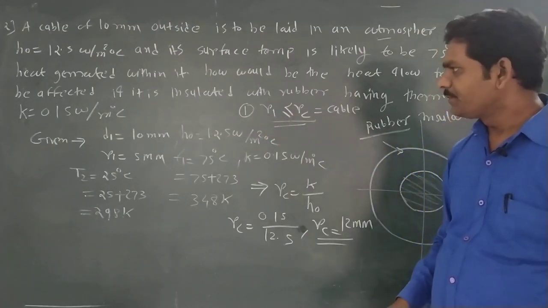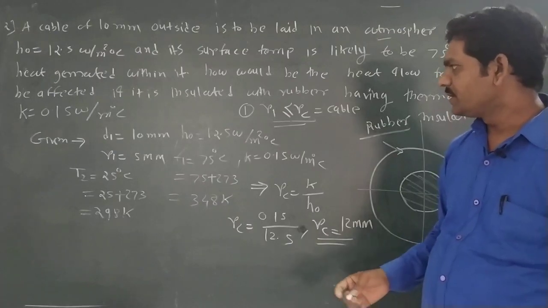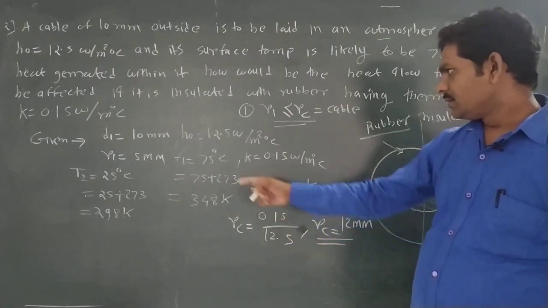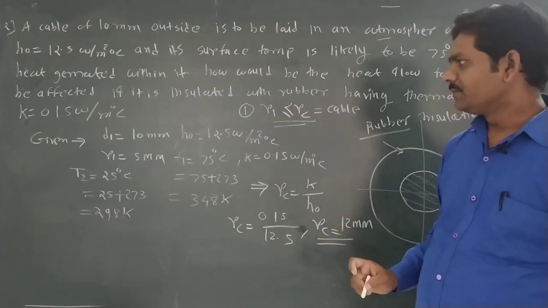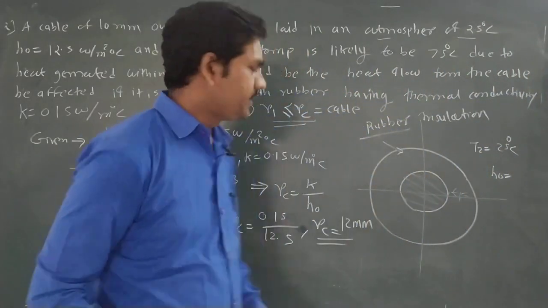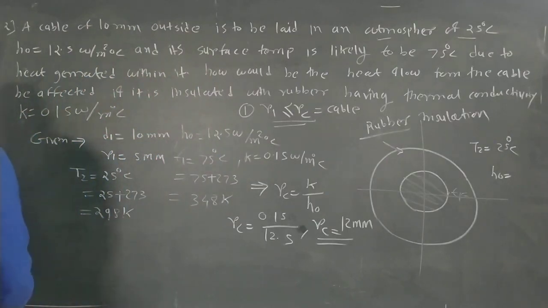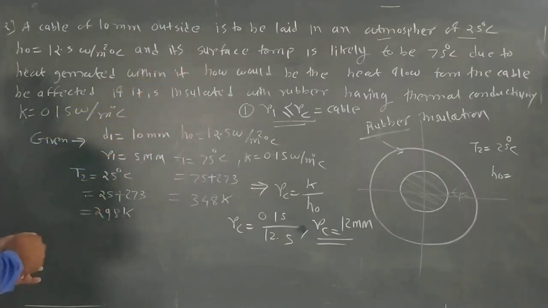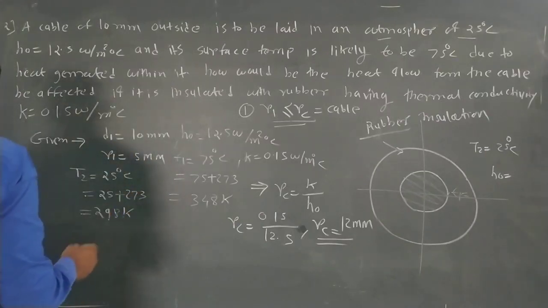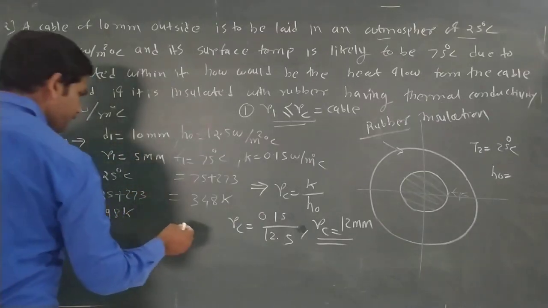But if you observe in the problem, R1 is 5 mm and RC is 12 mm. Yes or no? Yes. So R1 is less than RC, so we can solve the problem.